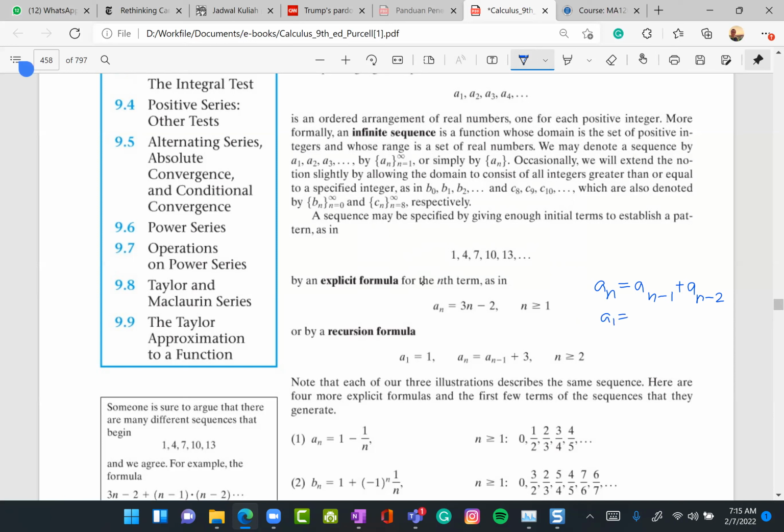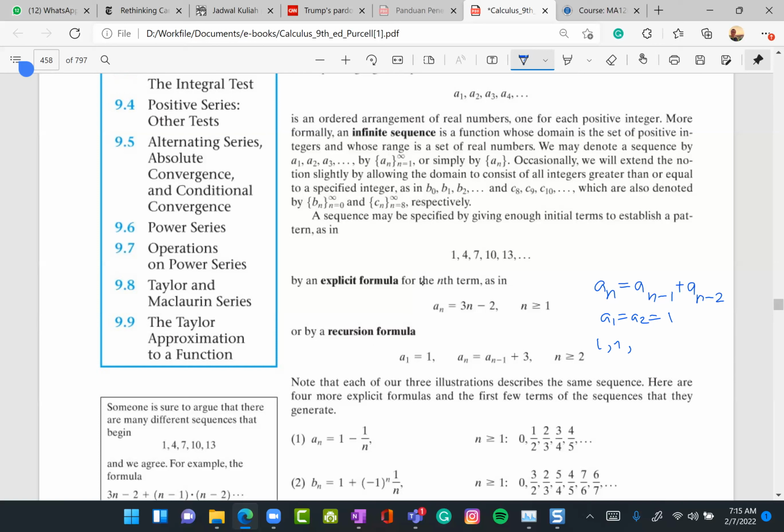So A1 equals 1, A2 equals 1. A2 is given, so just 1. And the third is A1 plus A2.